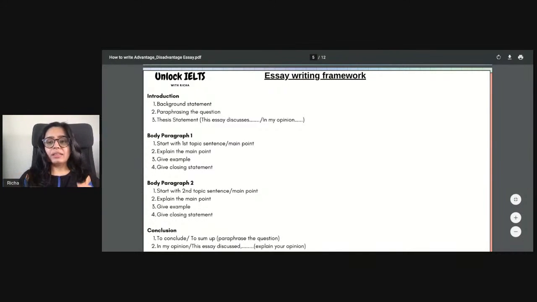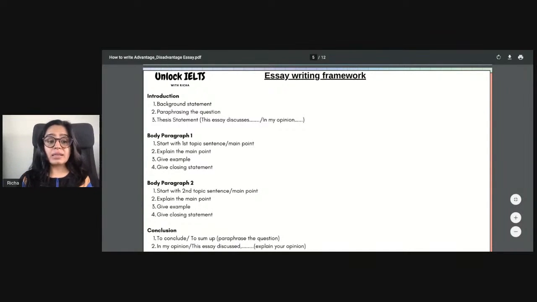Now, the most important point to take here is that this is a broad framework which you need to keep in mind while writing an essay. But in the case of an advantage disadvantage essay, as you already saw from the examples which we discussed, the question doesn't ask you directly to write your opinion.